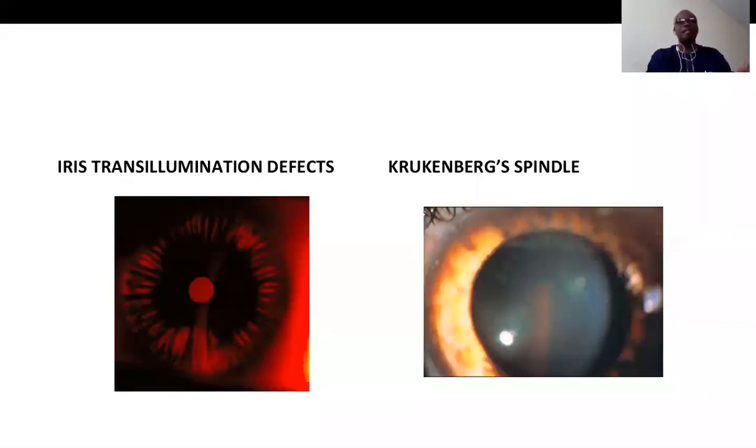Typically, they are in the periphery of the iris. The second picture shows Krukenberg spindle, which is formed by pigment deposits found on the endothelium, and they are in a spindle-shaped fashion. These pigments are actually engulfed by the endothelium, and they give rise to this appearance.